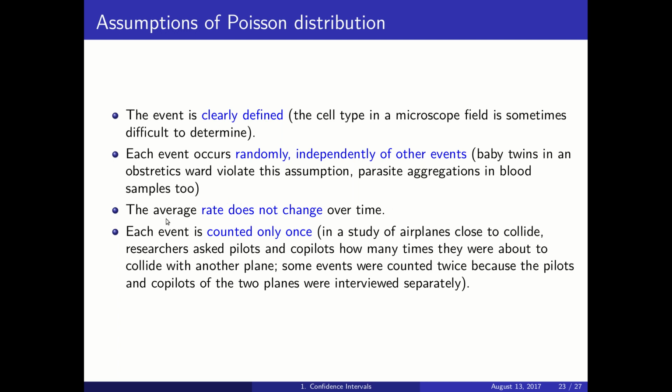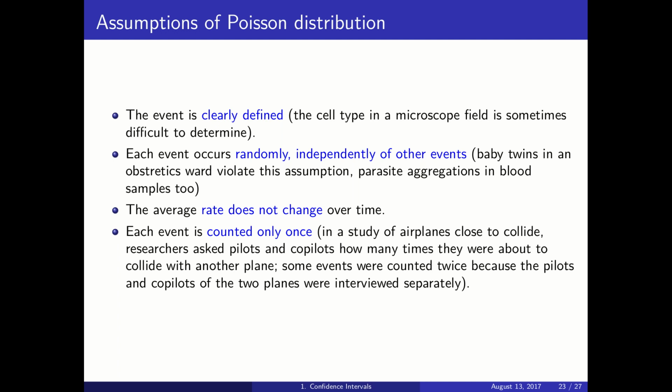Poisson also assumes that the average rate, the lambda, does not change over time, and that each event is counted only once. That was an interesting study of airplanes that were close to colliding. The researchers were asking pilots whether they were ever close to colliding with some other plane, interviewing different pilots.